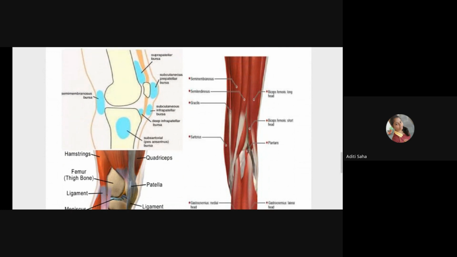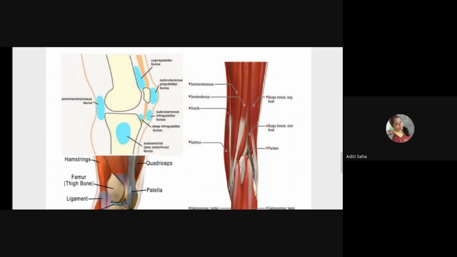Here you can see bursa. Bursa is the singular form and bursae is the plural form. So these blue colored sacs are bursae. You can see here in such a way bursae are present.